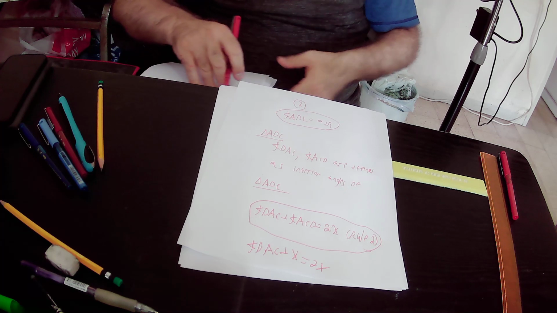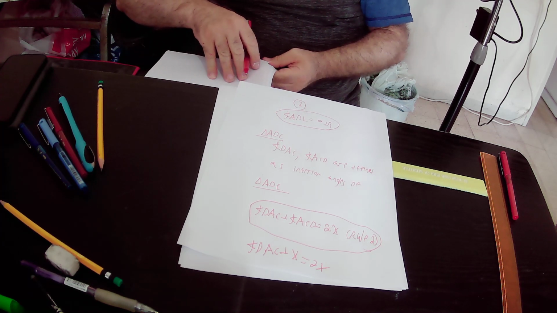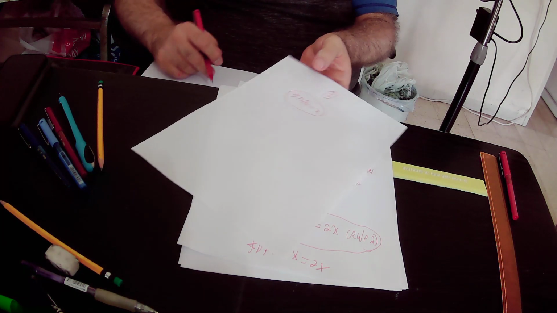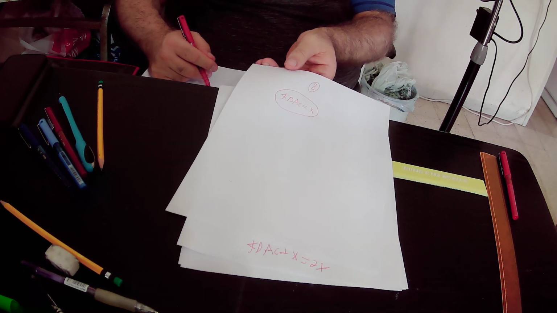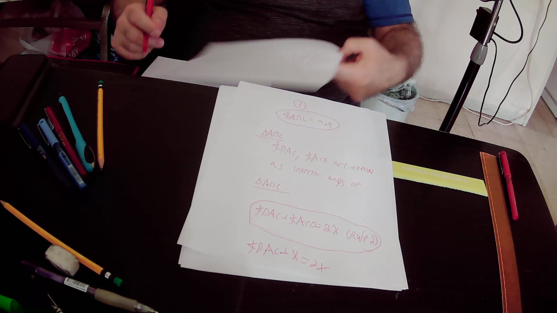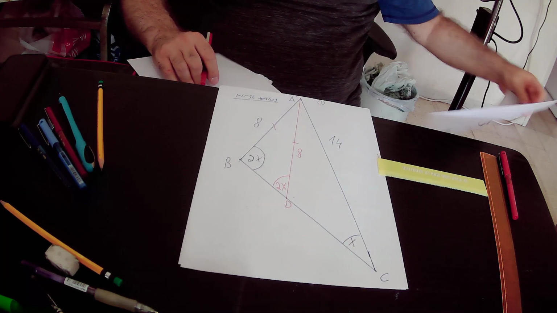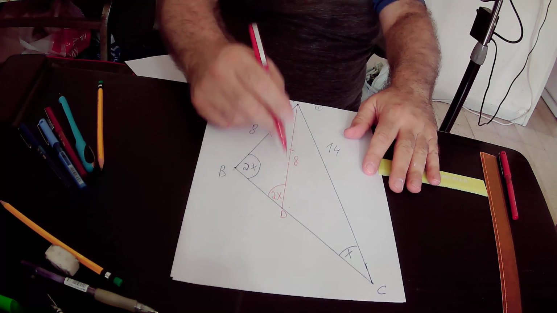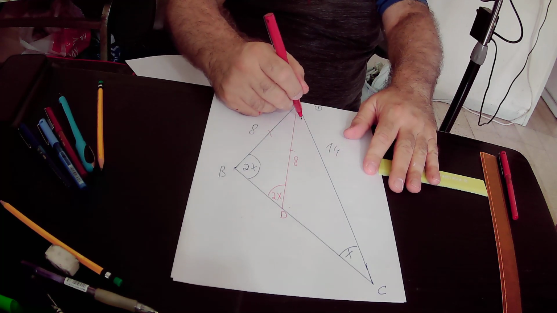So angle DAC equals x degrees in size. Here we can write down that angle DAC equals x degrees.